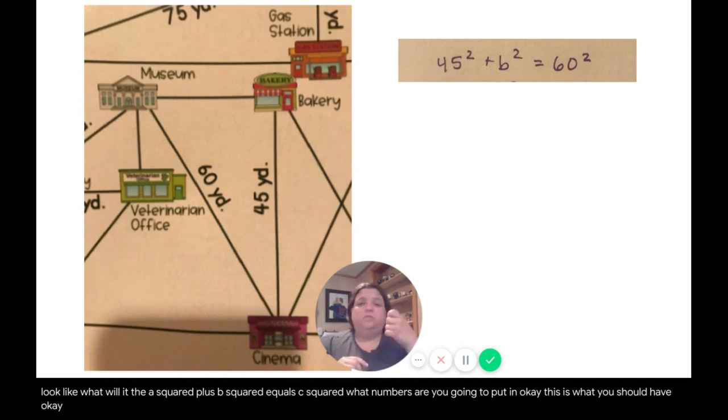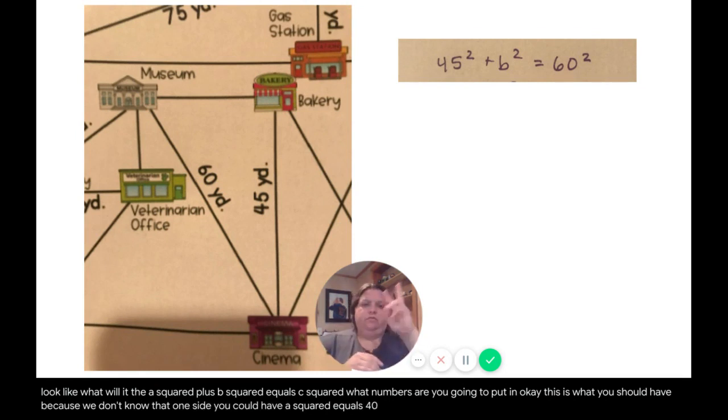Because we don't know that one side, you could have a squared plus 45 squared equals 60 squared.